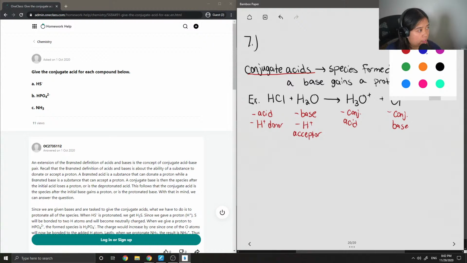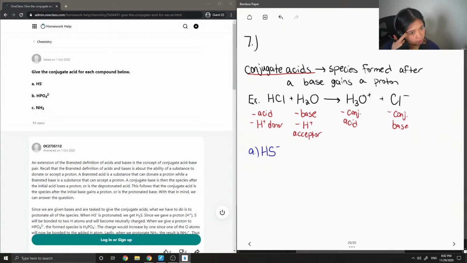Okay, so now let's answer the question. So starting with compound A. So let's say this is our base. If it were to gain a proton, it becomes hydrogen sulfide. Okay, so that's the answer for A. HPO4 2 minus, sorry.